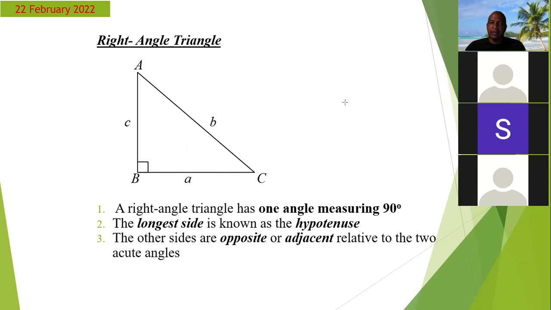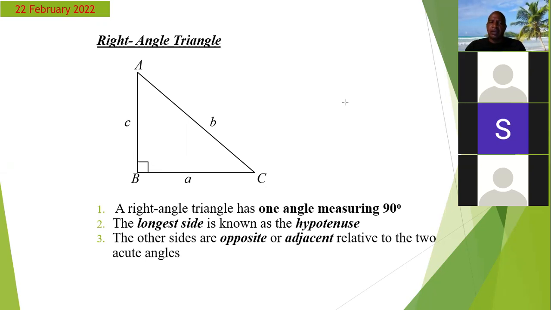But we don't refer to the hypotenuse as an opposite side. We just call it by the name, the hypotenuse. So if we are referring to opposite sides, it has to be either side A or side C in this case, because those sides are relating to the other two non-right angles that we have in this triangle.